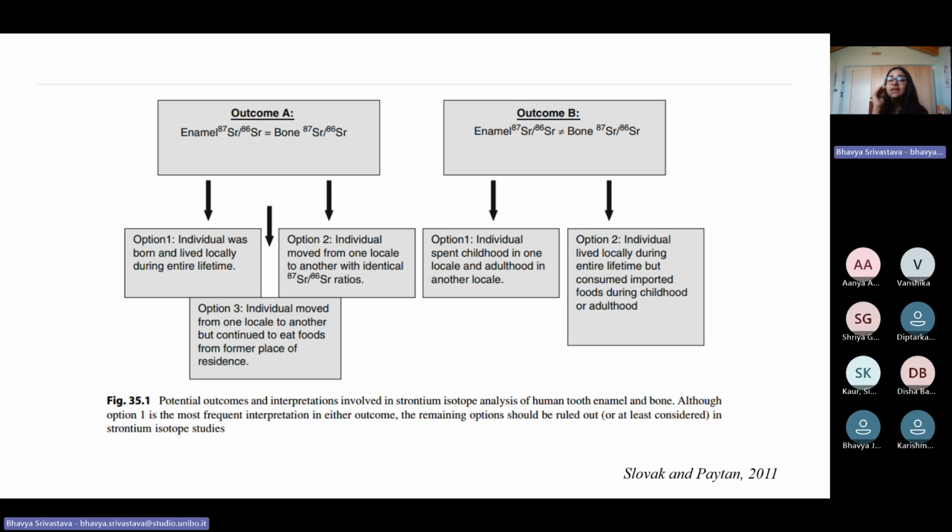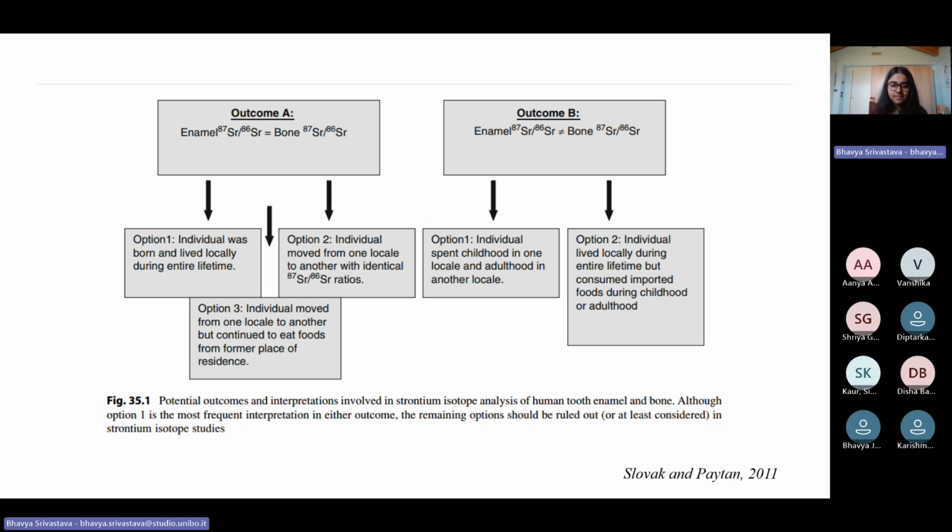That is the interpretation from this difference in isotope analysis. Another possibility could also be there, but we will study this more with the case studies than delve into it right now.